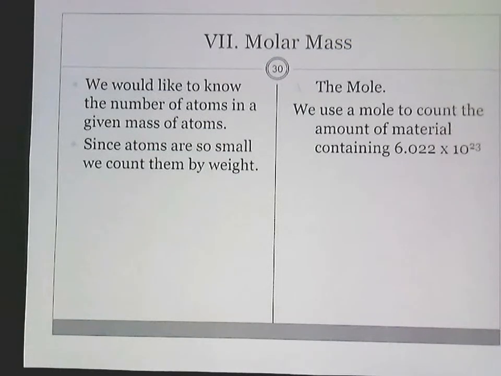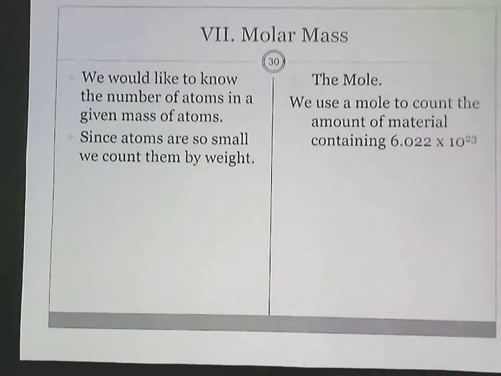So often we want to count up the number of atoms, but since atoms are so small, we have to group them into a larger collection in order to count them correctly. So we use this counting amount called the mole, where the mole means any amount of material that contains 6.022 times 10 to the 23rd things.